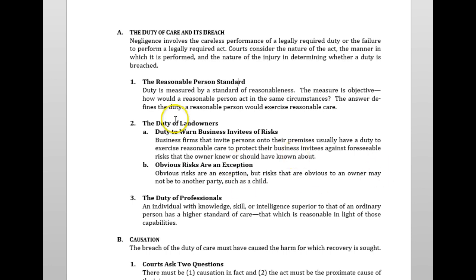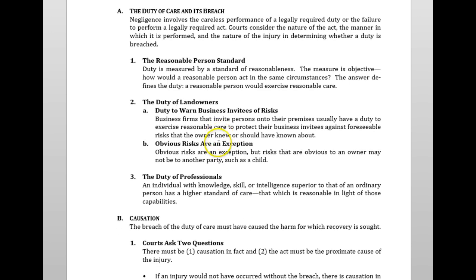So you have a duty as landowners or as a store owner, however you want to look at that, to warn your business invitees, which is a fancy way of saying customers, of the risks. So if there is a puddle of water, you have a responsibility to tell them about that, because that isn't normal to have water puddled on the floor. And obvious risks here, they say, are an exception, unless it's a child.